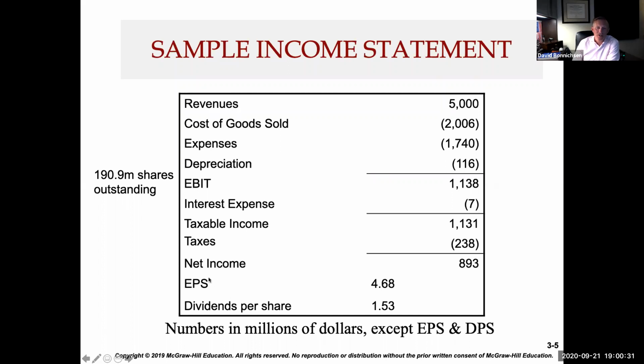That 4.68 is a very important number that we call EPS, or earnings per share. $893 million of earnings divided by 190 million shares gives us an EPS of $4.68 per share. When we get into a conversation around price to earnings ratio, the earnings component of that ratio is EPS. Okay?